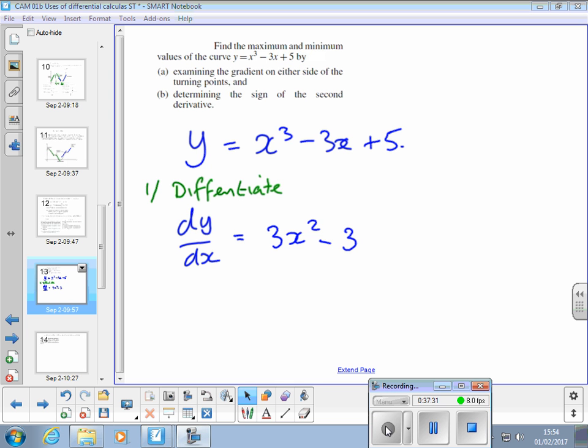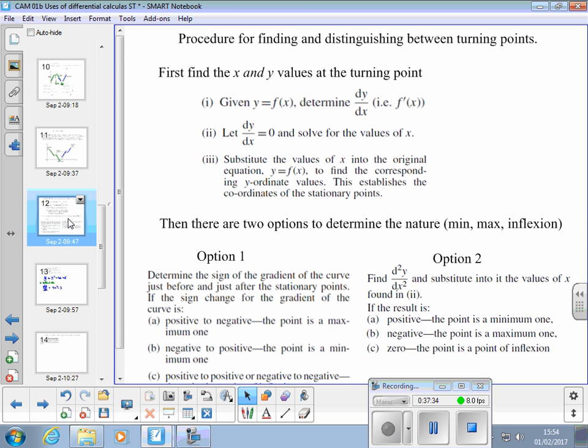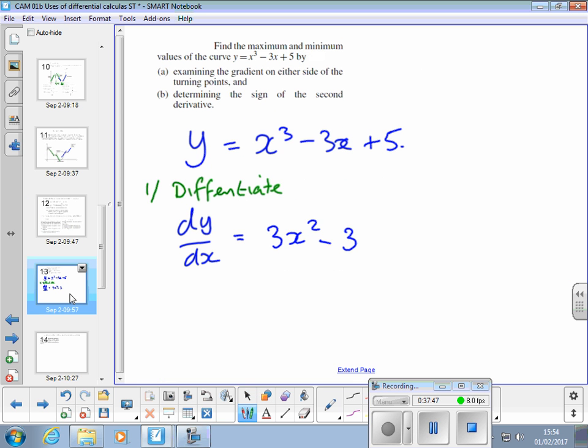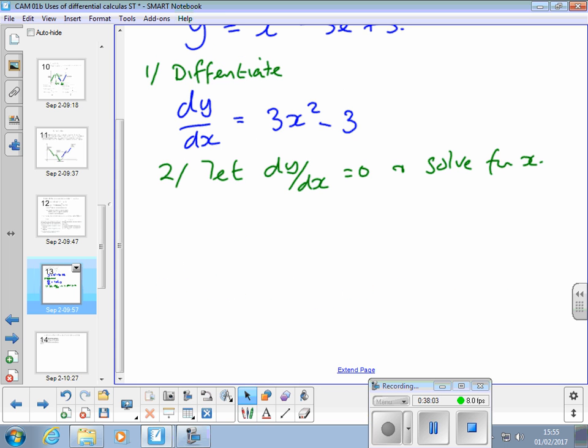Previous page, differentiate. Step 2 says, let dy by dx equal 0. Let dy by dx equal nothing.